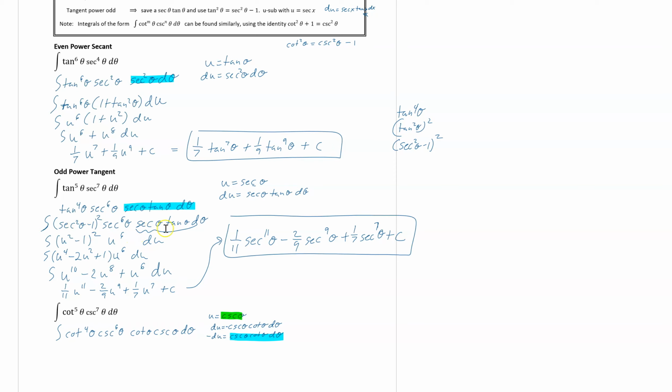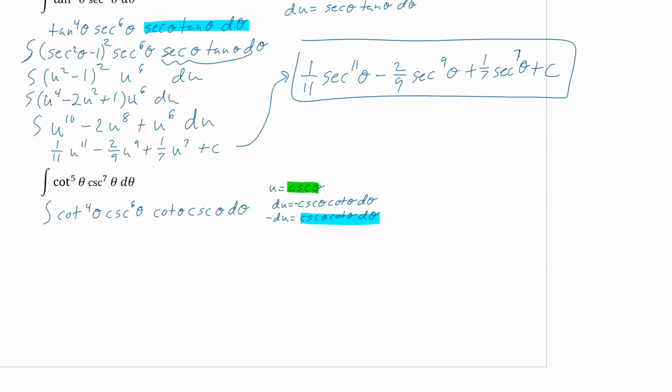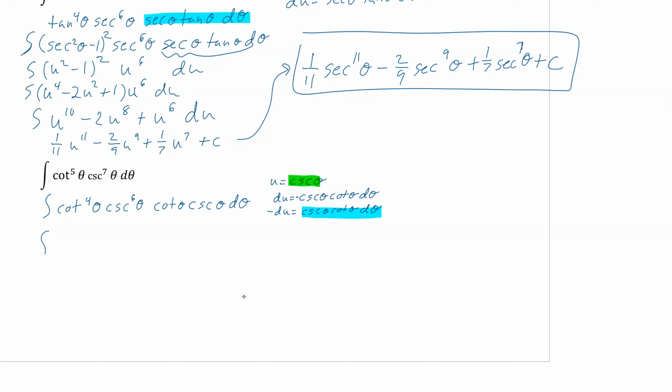You can see it's exactly the same steps. All I did was change tangent to cotangent and secant to cosecant. So we can just follow along the steps we did there, and it works the same way.